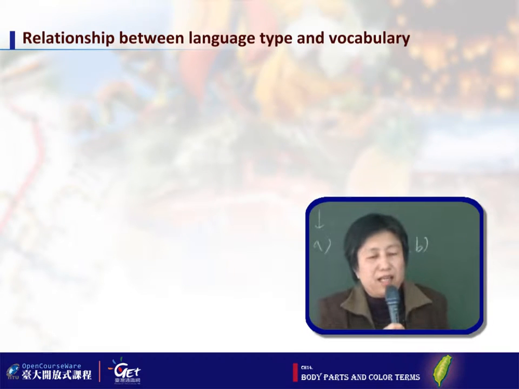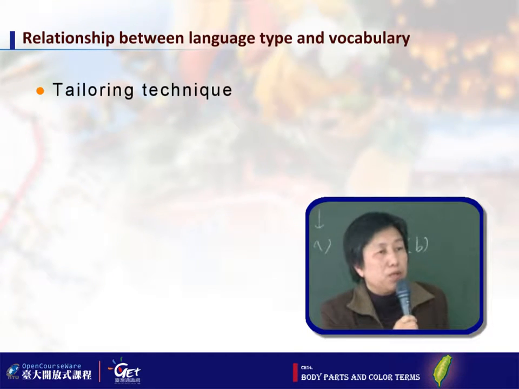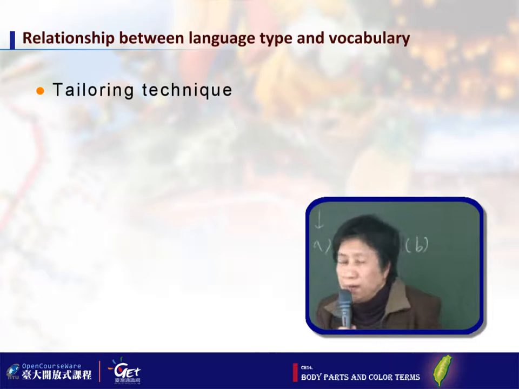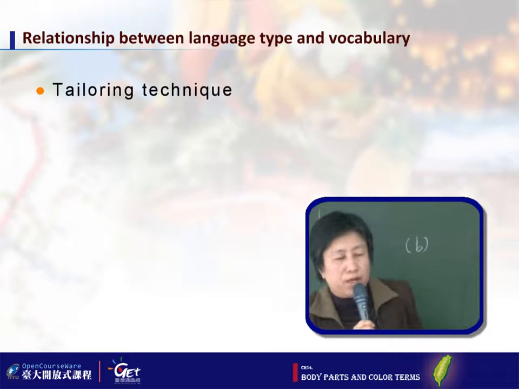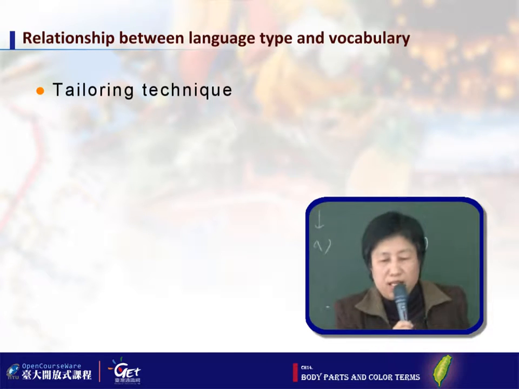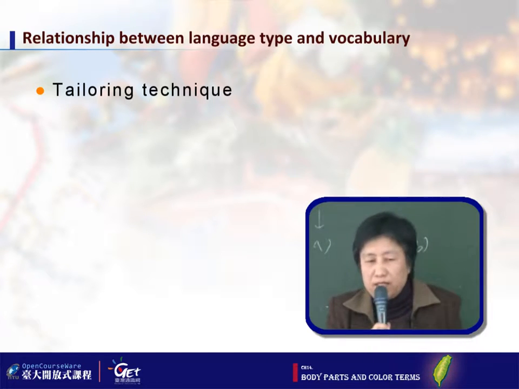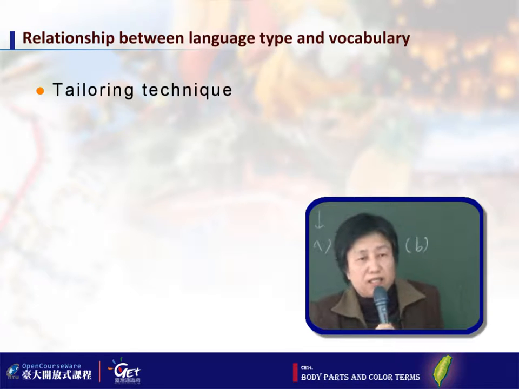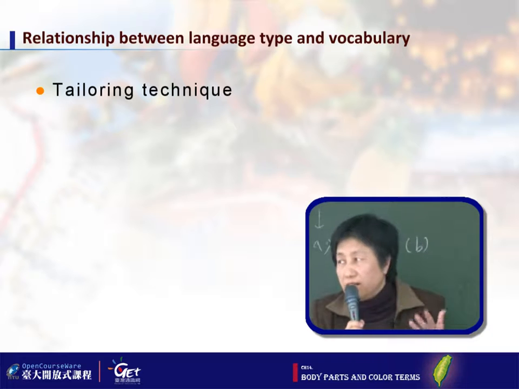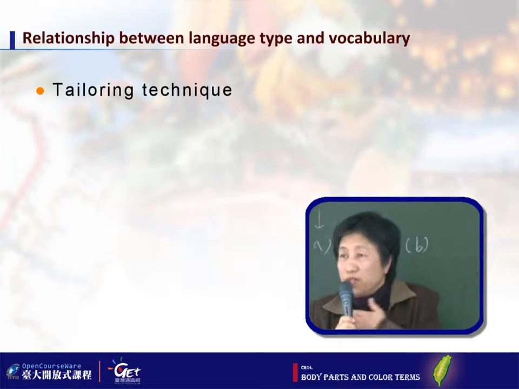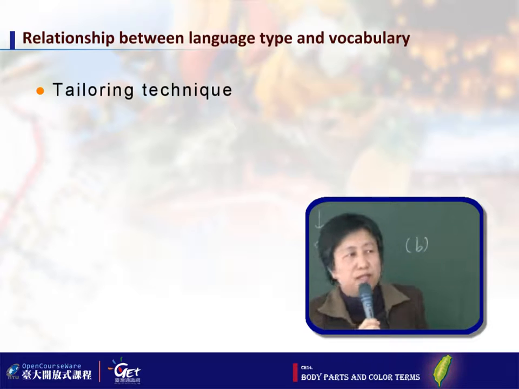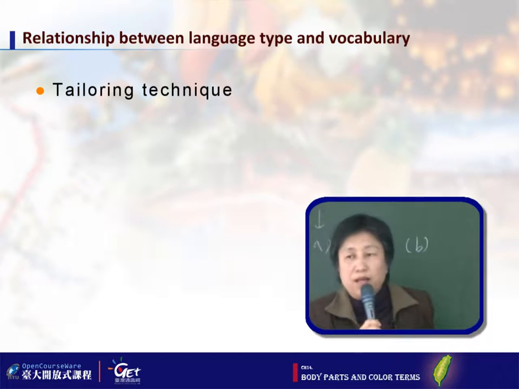Also the tailoring techniques, that's a sort of material culture. Some cultures have very detailed or very elaborate tailoring techniques, and then it is necessary for you to refer to different parts of the body in order to make different types of clothing.